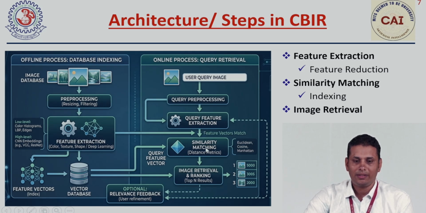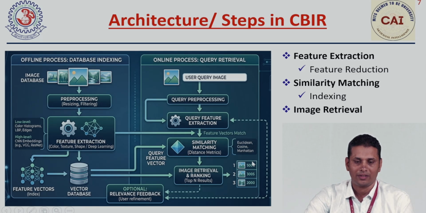Next one is similarity matching. The features extracted from the local database and the features from the query process are combined and given as input for similarity matching. What will similarity matching do? It will identify what type of car you asked for, whether you asked for a sedan, SUV, or truck, using Euclidean distance.